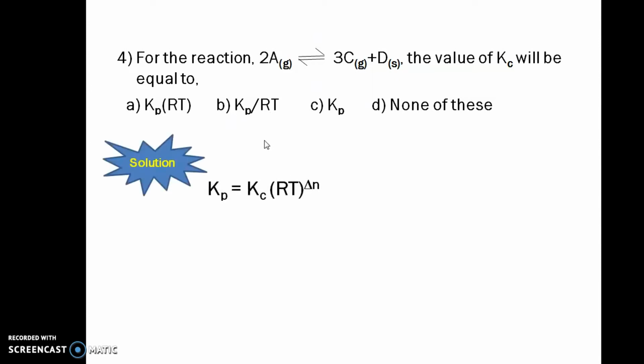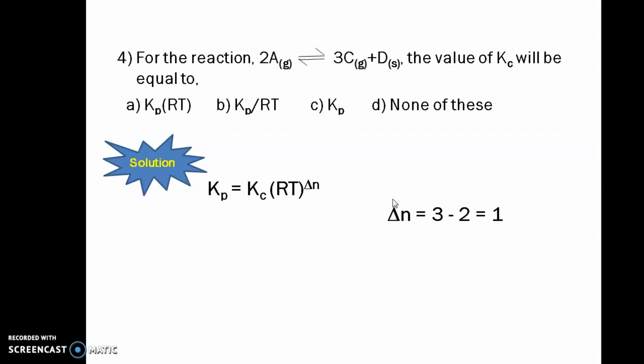We know the Kp and Kc relationship. So Kp is equal to Kc into RT raised to delta N. Delta N value we will calculate for the reaction. Now delta N value, look at the reaction. 2 moles of A is a gaseous reactant that gets converted into 3 moles of C, which is also a gaseous compound, and D, see, it is a solid here.